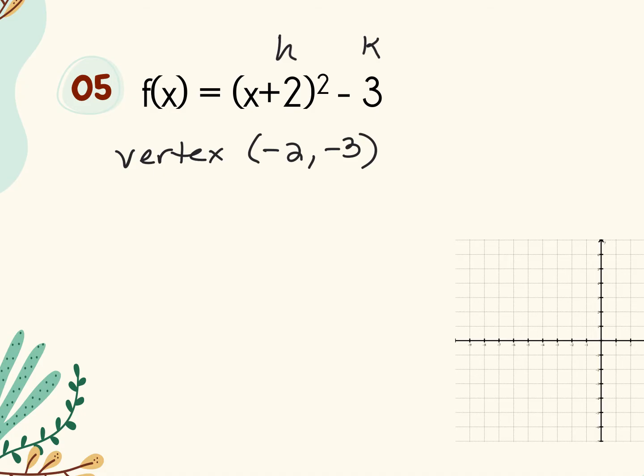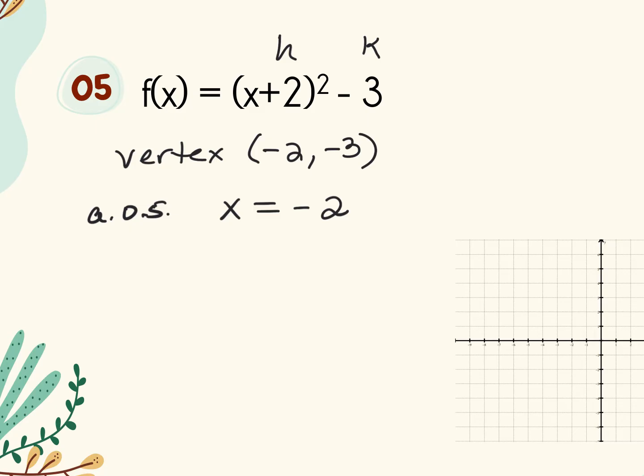My axis of symmetry, I'm abbreviating that as AOS, is going to be the X of the vertex, and it's an equation. Do not tell me that the axis of symmetry is negative 2. You must write it as an equation, and it's a vertical line, and it's X equals negative 2.